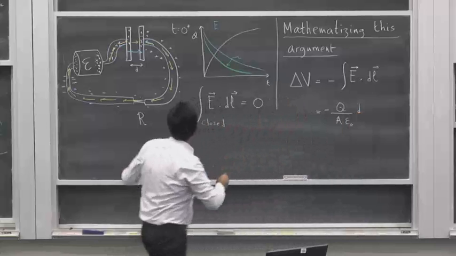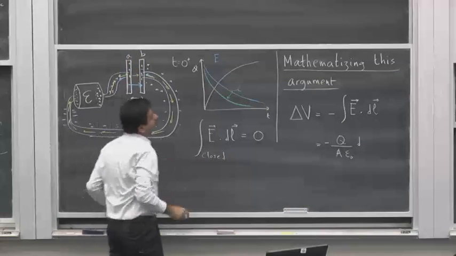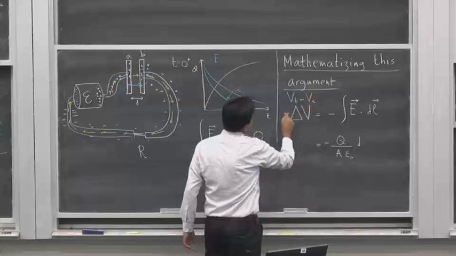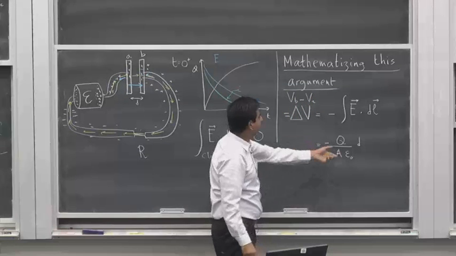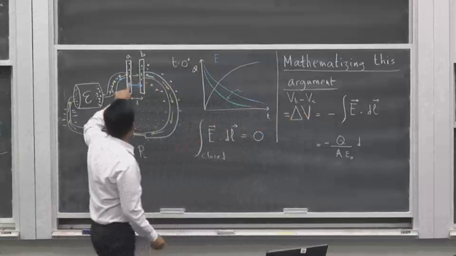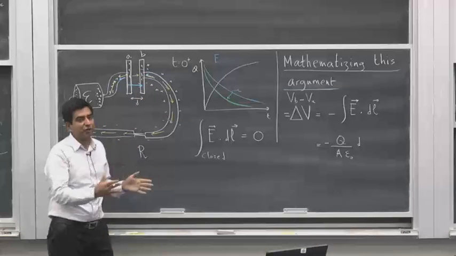This is the change in potential as we go from A to B. This is VB minus VA, which shows that everything here is positive. This shows that A is at a bigger potential than B. This is a positive plate, this is a negative plate. So this is the potential drop.